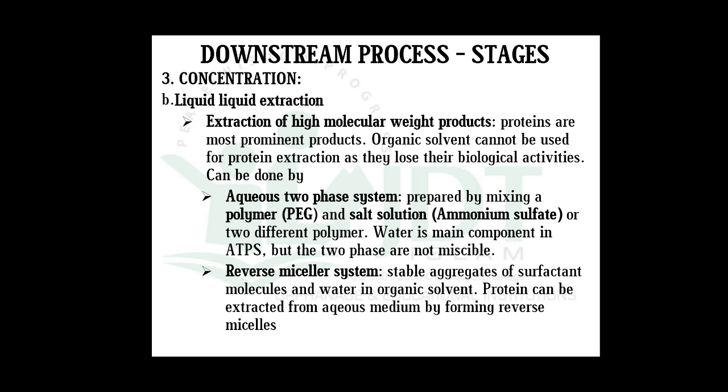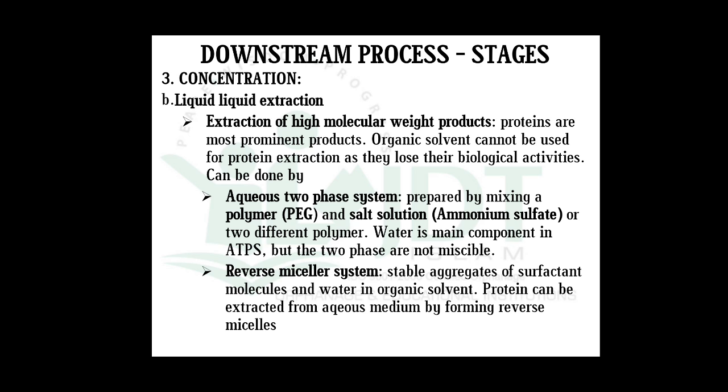Now, coming to the extraction of high molecular weight products, proteins are the most prominent products coming under this category. Organic solvent cannot be used for the extraction since the protein activity will be lost. So we use an aqueous two-phase system prepared by mixing polymers like polyethylene glycol and a salt solution of ammonium sulfate, or two different polymers.